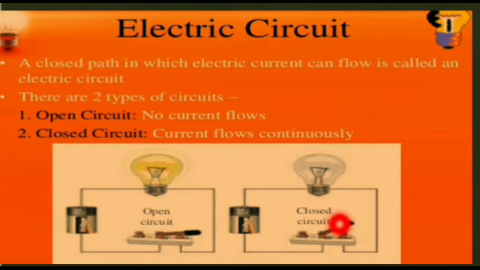That's why this is open circuit, and this is the closed circuit. Students, the words are unfortunately interchanged. So in open circuit, no current flows. Closed circuit, current flows continuously.